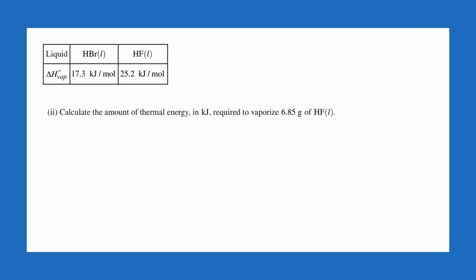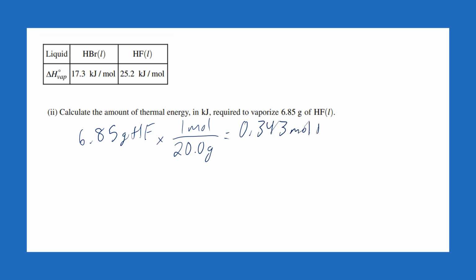Now we want to calculate the amount of thermal energy in kilojoules required to vaporize the 6.85 grams of HF. Pretty much anytime you see grams, you should change it to moles. So let's use the molar mass of HF, which is just about 20 grams per mole. And so when you divide there, you get 0.343 moles of HF.